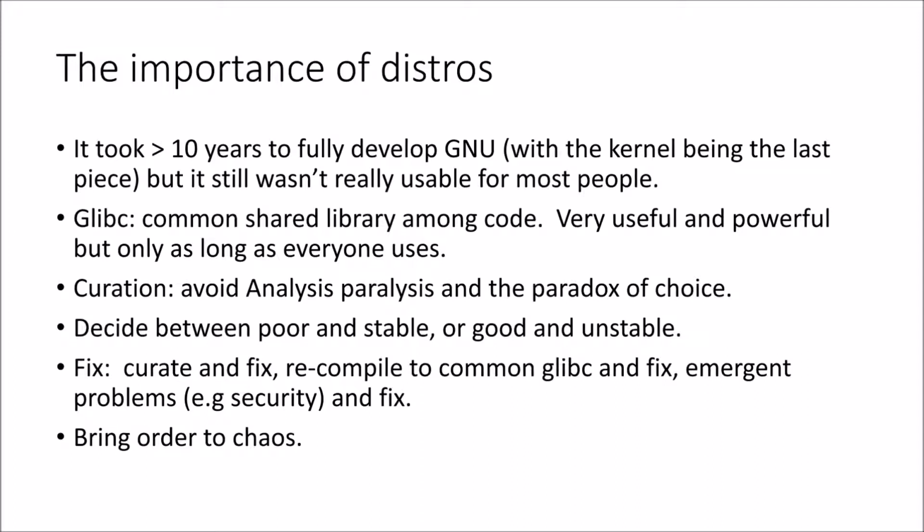So you have to make sure all the code is compiled to the same version, and you might have a program that is compiled for version 2, and when you go to compile against version 3 of glibc, it doesn't work anymore. So you have to fix all that. There might be a really good piece of application software out there, but it's very unstable, so you have to maybe fix it.